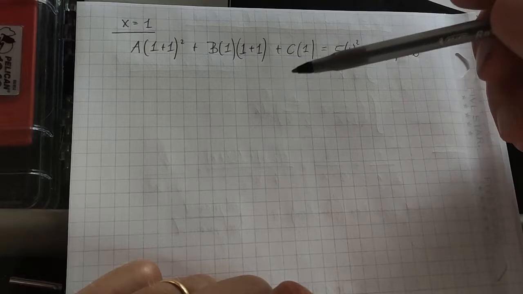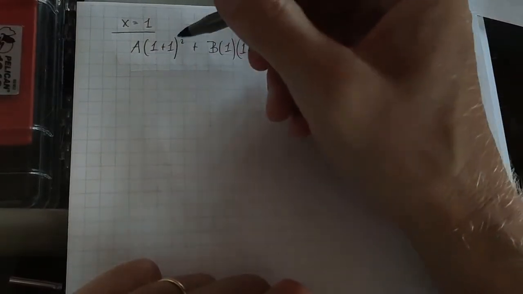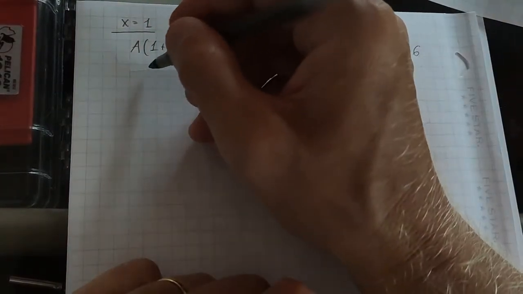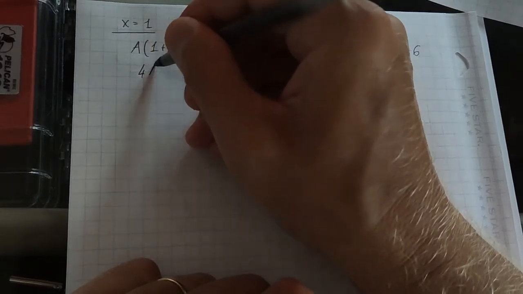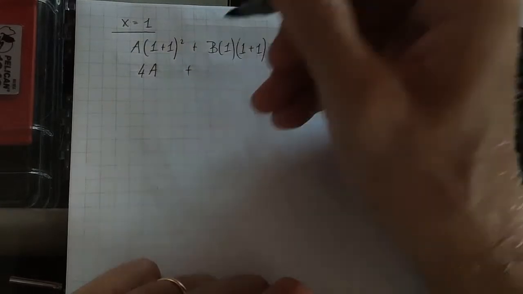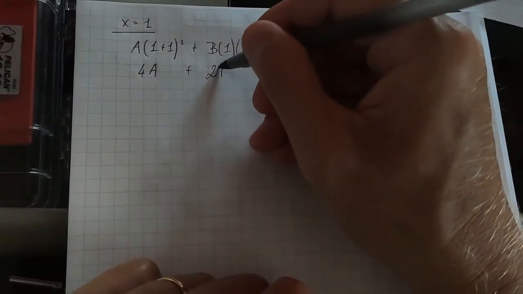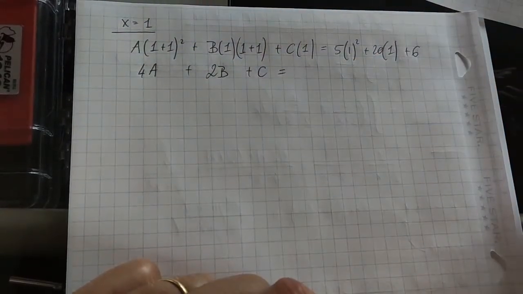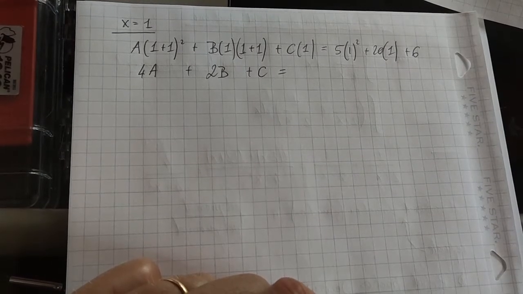Okay, so you do your arithmetic. Let me actually do this somewhat slowly. So I have 4A plus 2B plus C, because 5, 25, 31.